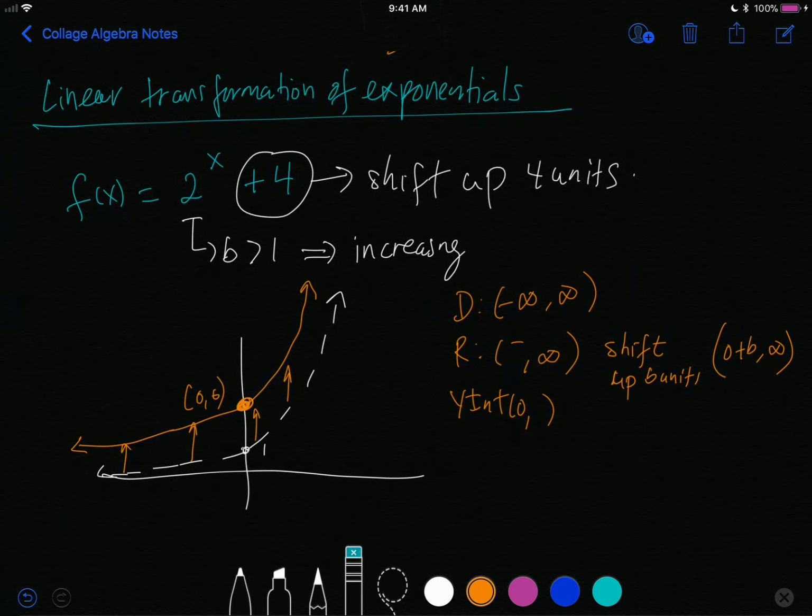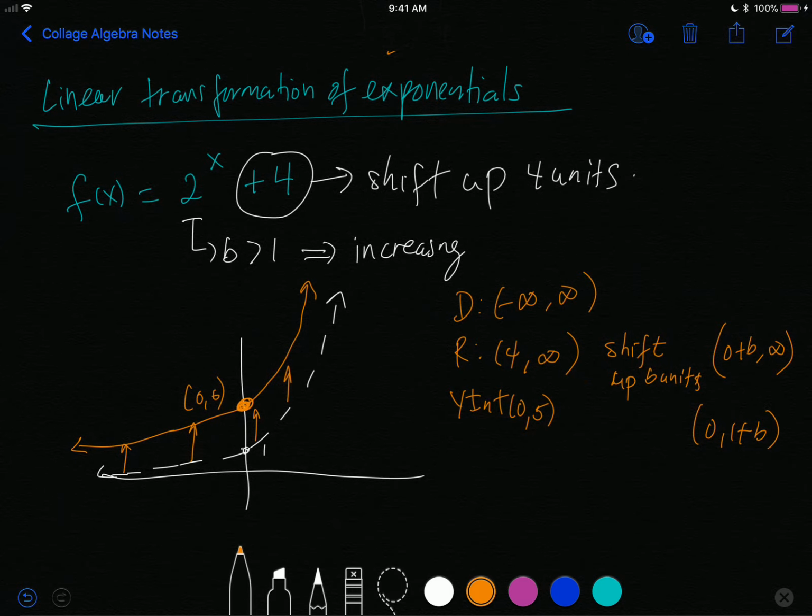So if you again shift up b units, you're going to be at (0, 1 plus the size of the shift).